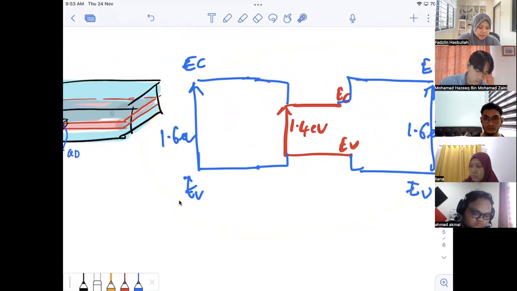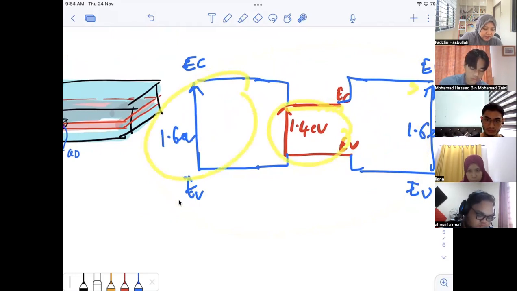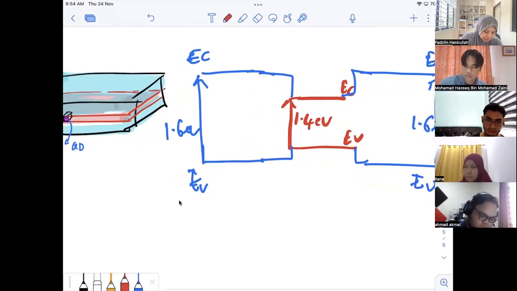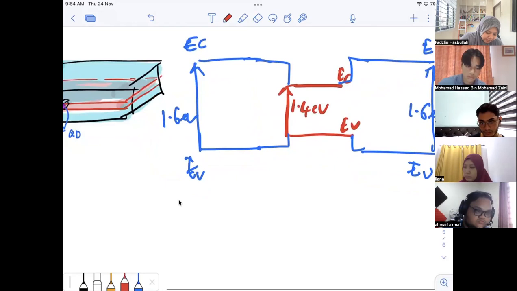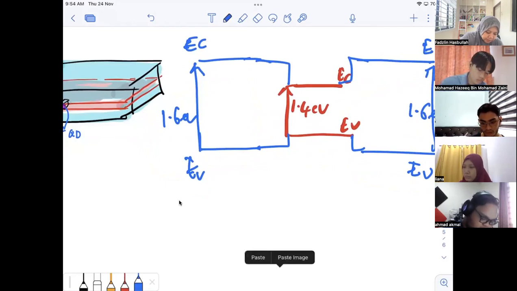So kalau tengok macam ni, saya tahu it's a quantum well, but biasanya kita akan draw ni tak besar. Biasanya ni saya exaggerate sikit. Biasa kita draw smaller, as long as this region is smaller than the other two regions. So quantum well tu kena small. Kalau quantum dot, dia jadi smaller lagi. Macam jadi macam ni. So this is quantum well.